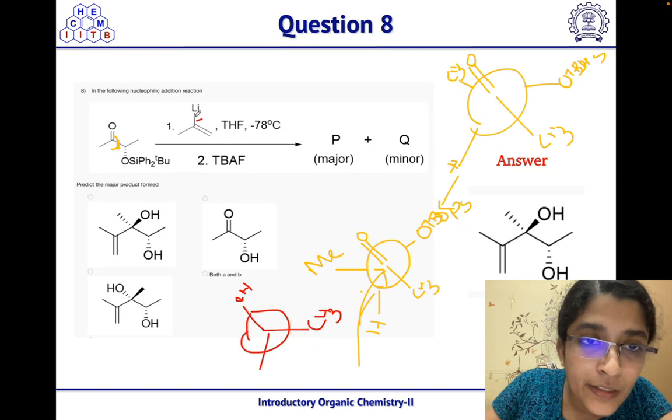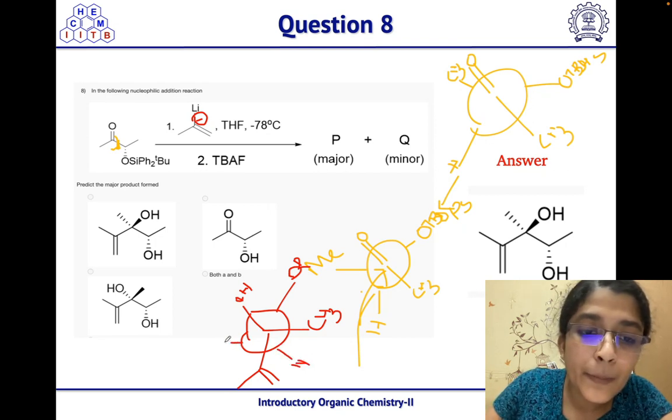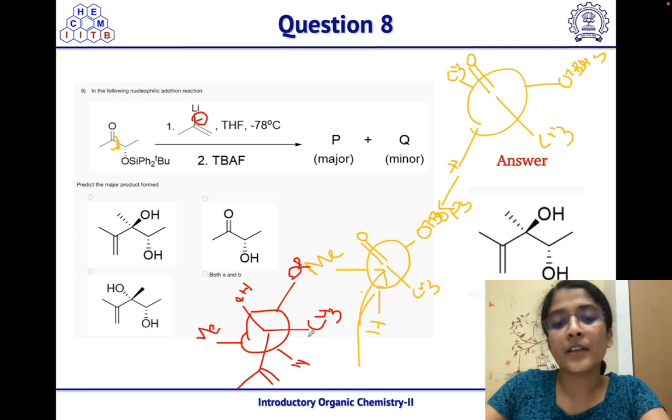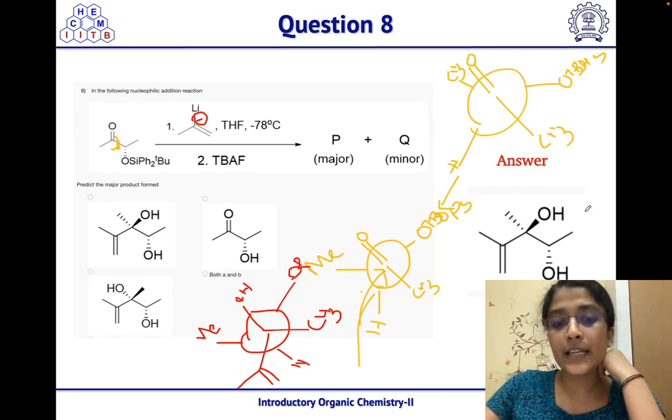So here an anion will be generated, and it will attack from this side, and we will get this product. Here OTBDPS will be there, and hydrogen will be there, and methyl will be there. So if we redraw it into the dash and wedge format, this will be the right answer. Is it clear?